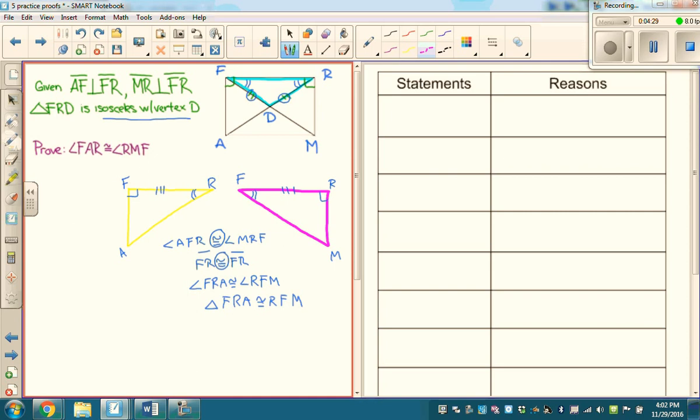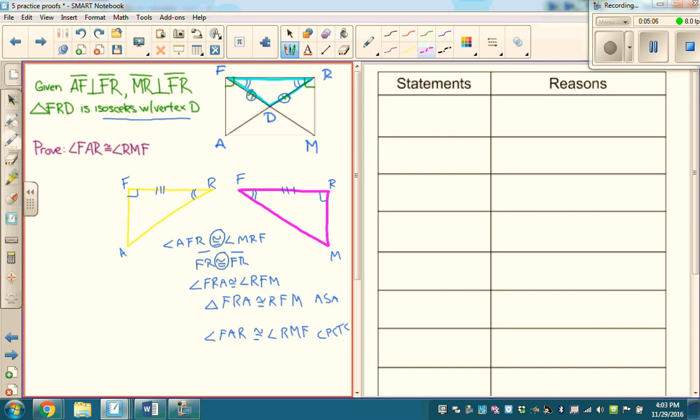And it looks to me like that would be by angle side angle, which would then give me angle FAR congruent to angle RMF by corresponding parts. So it's not a long proof, but it took a little more thinking.